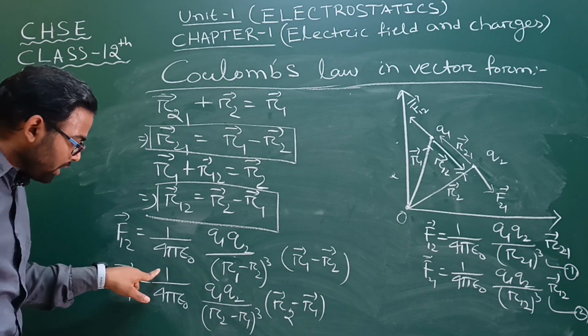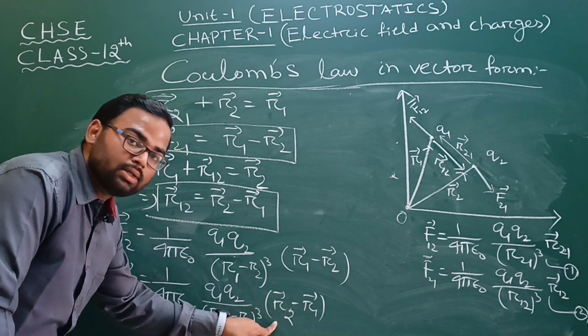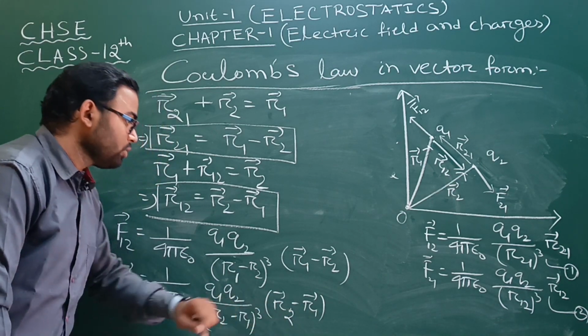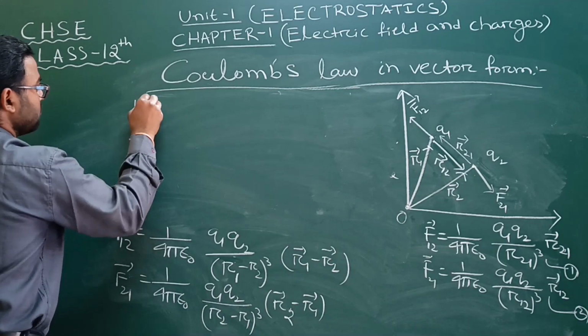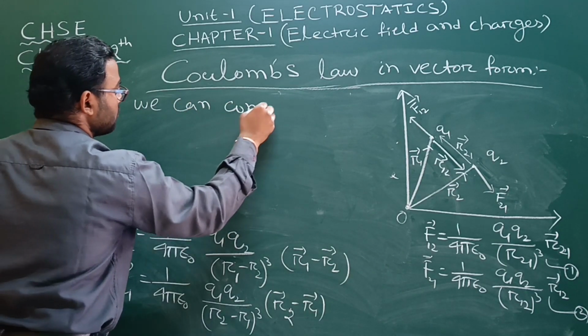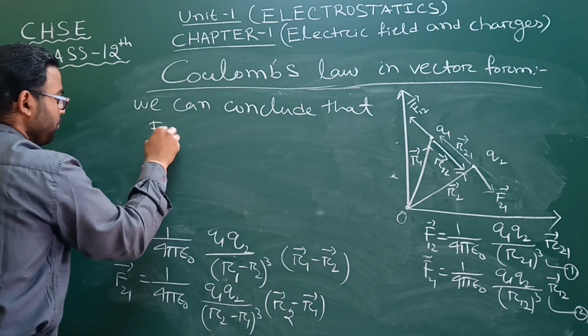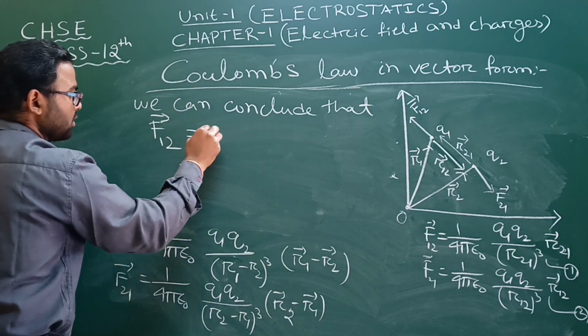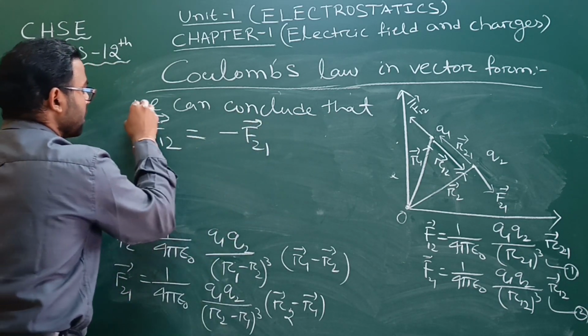If I multiply a negative symbol here, then this will be R1 minus R2. Okay, so we can conclude that F12 vector is equal to minus of F21 vector.